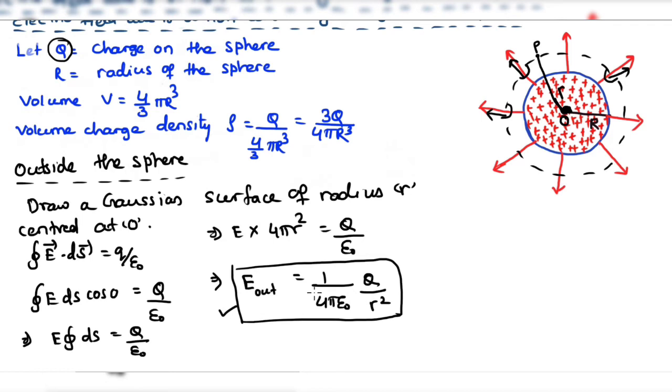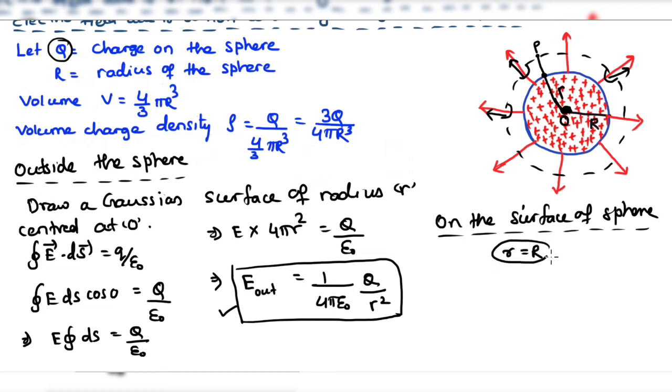Now we will talk about the electric field on the surface of the sphere. What will be the electric field on the surface of the sphere? So now if you bring the point P to the surface of the sphere, then small r will be equal to capital R. And now the radius of the Gaussian surface will also be equal to capital R, and that's why the expression for electric field on the surface of the sphere will be how much?